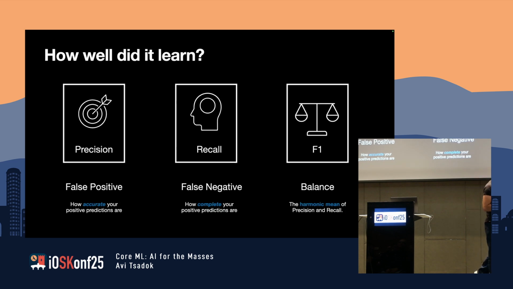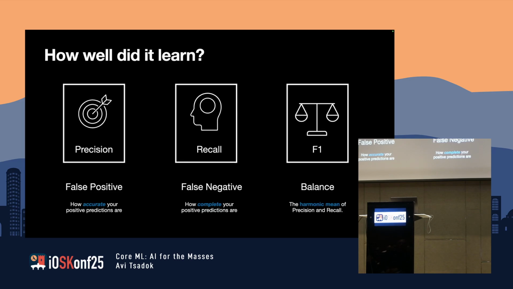This is a false positive. The recall is the opposite. It's false negative. For example, if you've got 100 candies in your data set and you recognize 80, that's false negative. And these two metrics are important for us because it really depends on the use case.